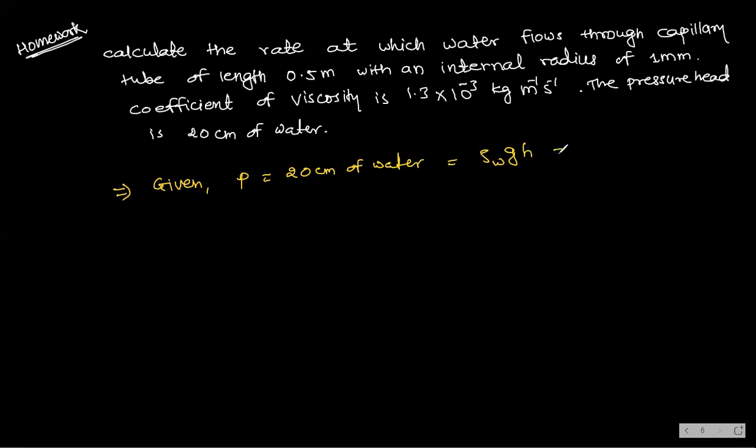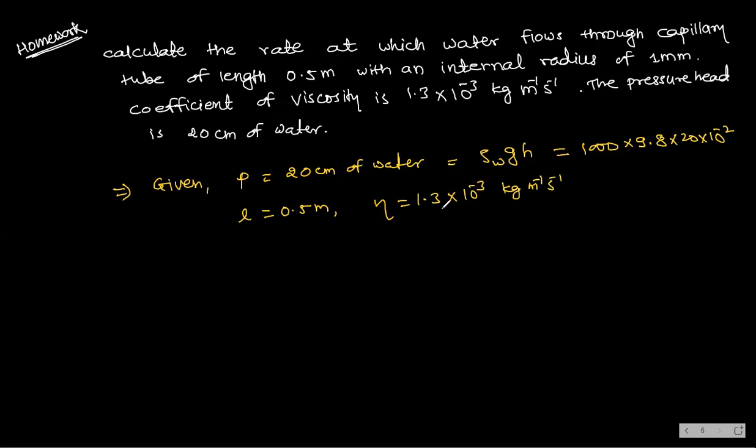You can take the density of water 1000, g you take 9.8, and h is 20 centimeters, so 20 into 10 to the power minus 2. You will get the P value. L is given 0.5 meter. Eta is given 1.3 into 10 to the power minus 3 kilogram per meter second.